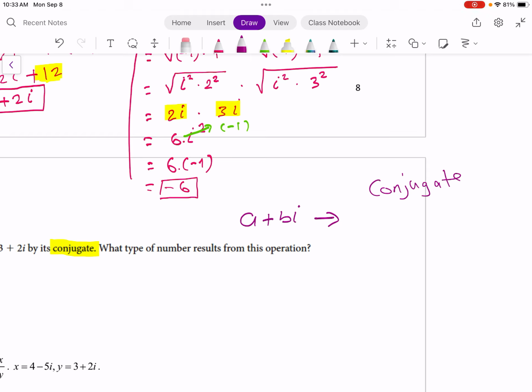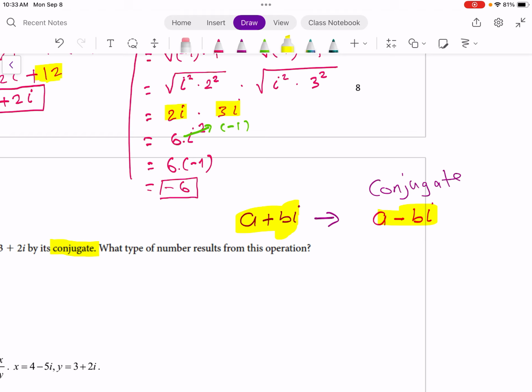If it's negative, make it positive. Here, the imaginary part is bi, and its sign is positive. If you make it negative, a minus bi, then a minus bi is the conjugate of a plus bi.